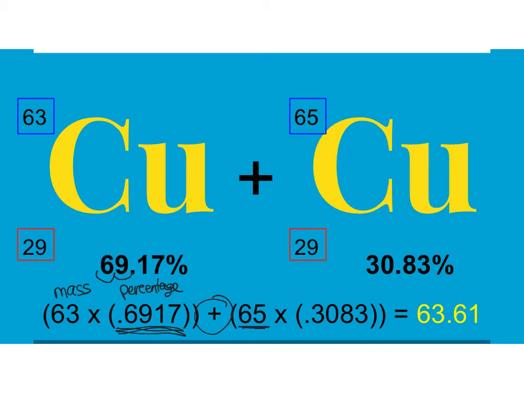So we have, again, our mass, and then we have our percentage in decimal form. So we're going to take 63 times 0.6917, put that in parentheses in our calculators, plus 65 times 0.3083. And what we end up with is an atomic mass, which is an average of 63.61 AMU.